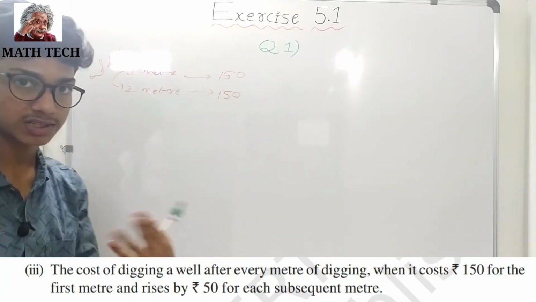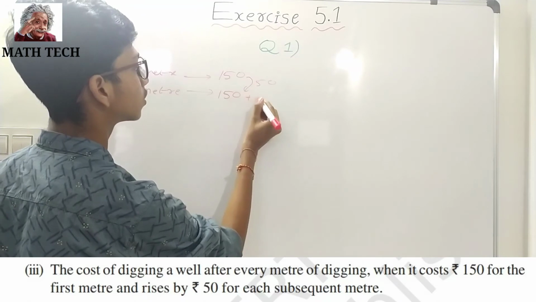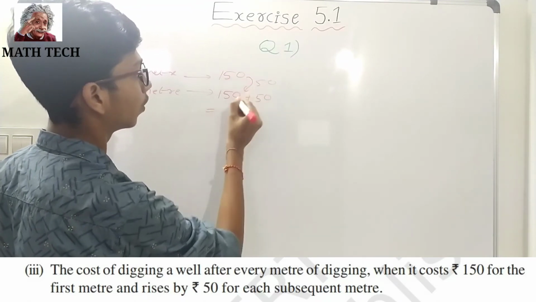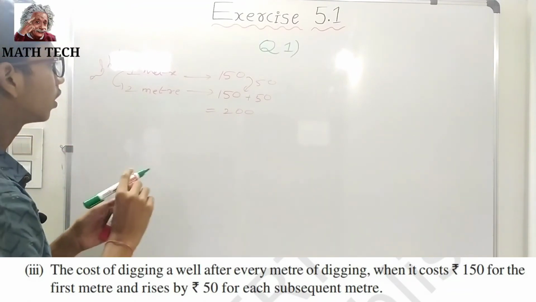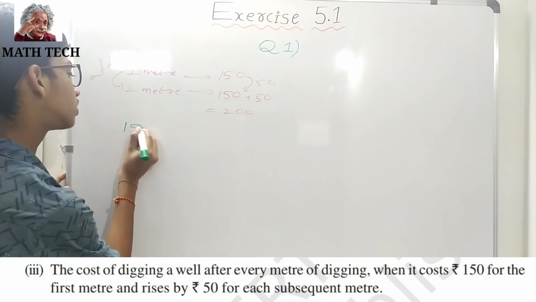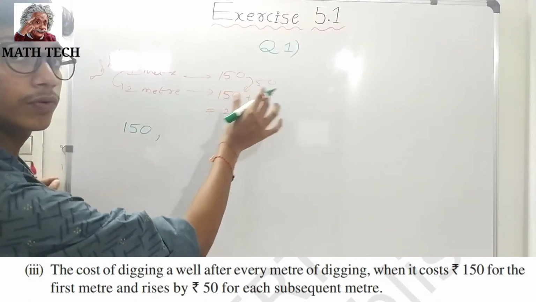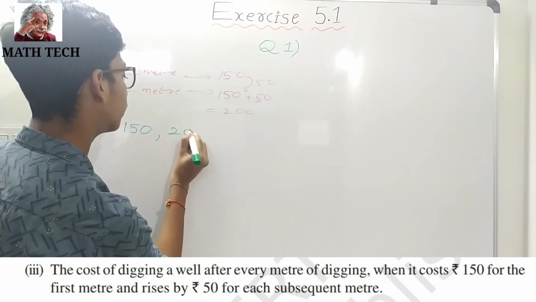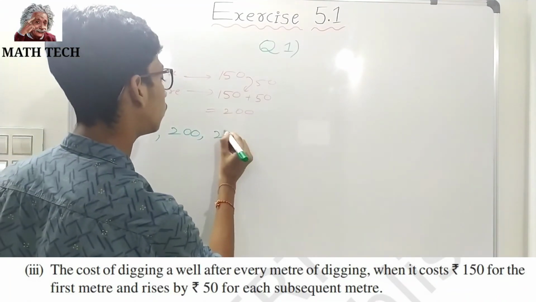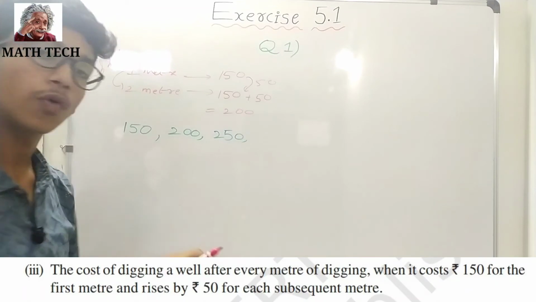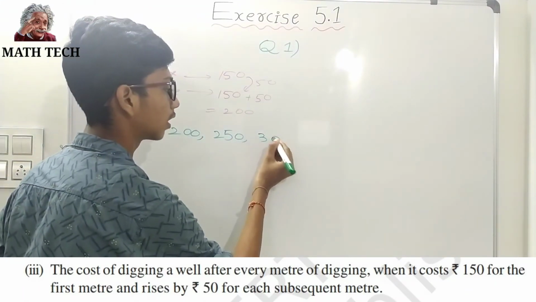So additionally 1 meter is added, so additionally rupees 50 should be added. That is 150 plus 50, that is 200. So the first meter is 150, the second meter 200, for the third meter 200 plus 50, 250, and for 4 meters 250 plus 50, 300.